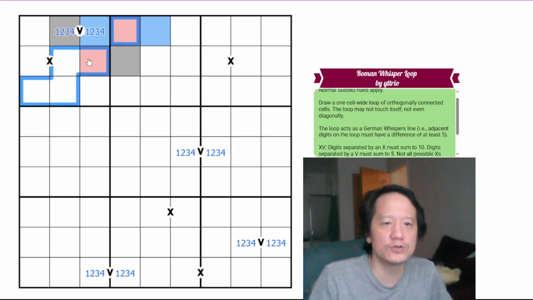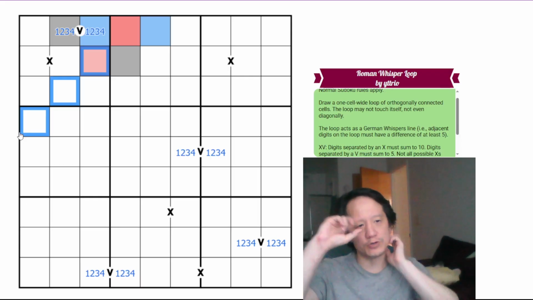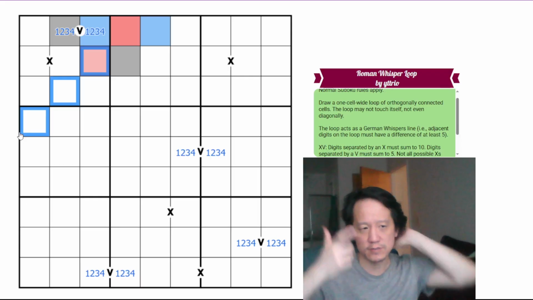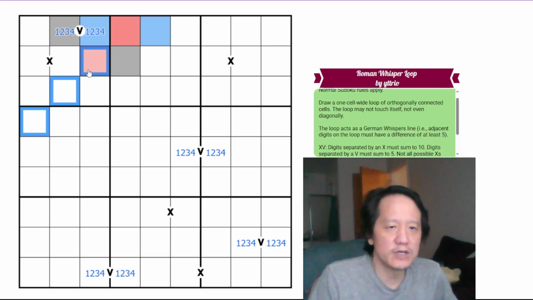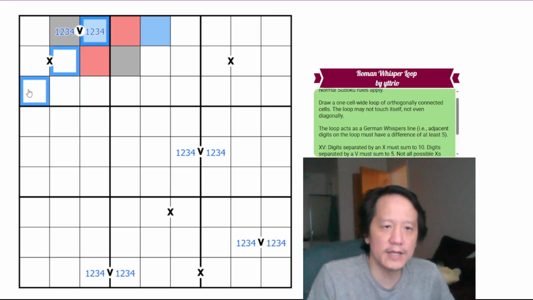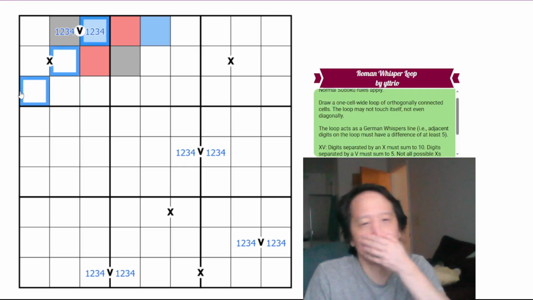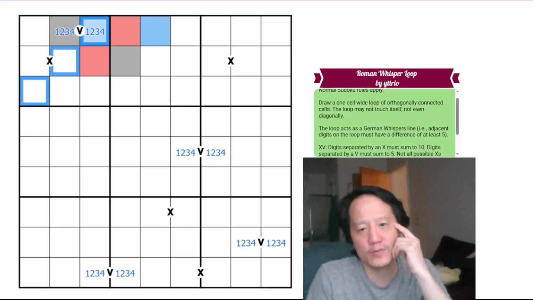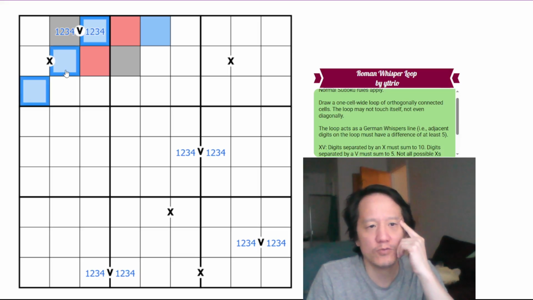And you have this sort of checkerboard pattern anytime you have a loop which alternates between sets, right? So because of that, any possible cells that are on the loop would have to be here, would be even, right?